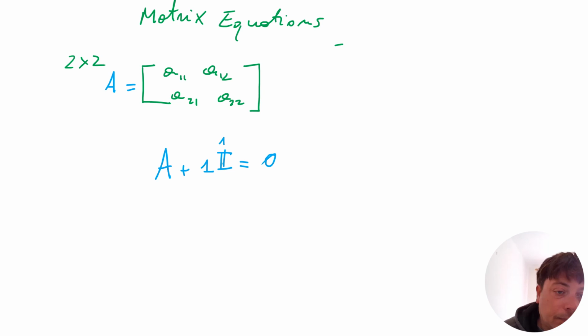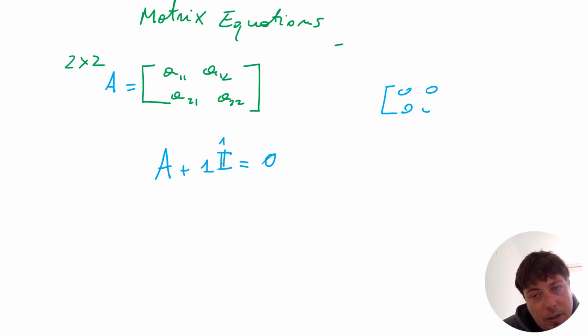Now, one way to see this equation, and the 0 should be thought of as a 0 matrix, so the matrix that is 0, 0, 0, 0. You need to think about this in an abstract way. You need to find those elements of A which, when you sum them to the matrix I, you get the zero matrix.